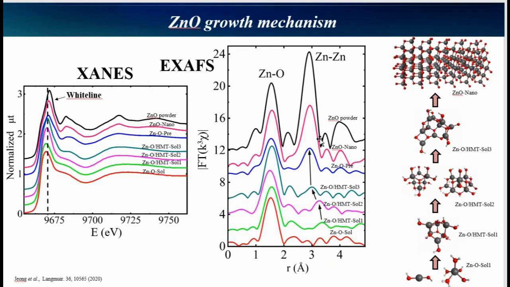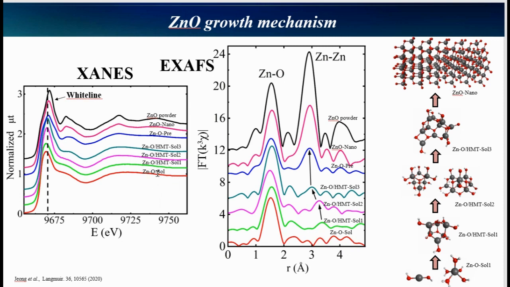Next, let me demonstrate the zinc oxide growth mechanism with the wavelet transform EXAFS and Fourier transform EXAFS. We synthesized the zinc oxide nanostructure with zinc nitrate and hexamethylenetetramine, which is referred to as HMT, in figure 1. Zinc oxide solution is zinc nitrate solution at room temperature.